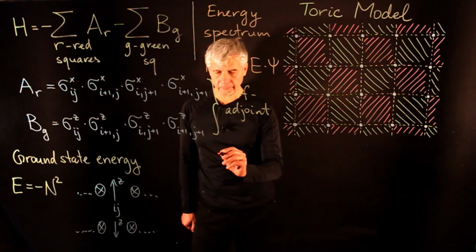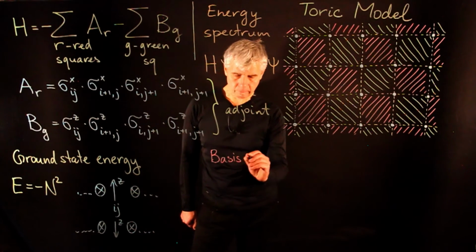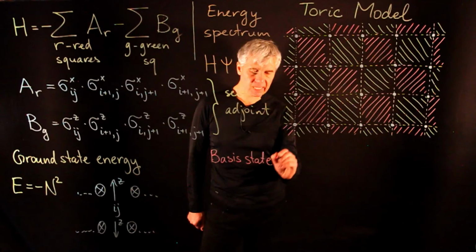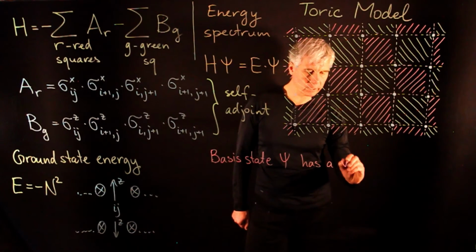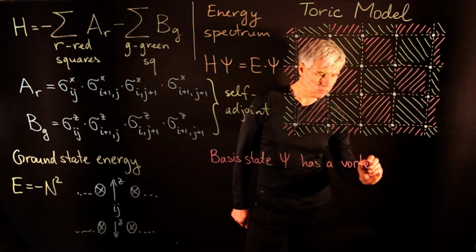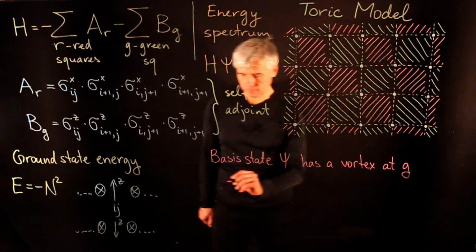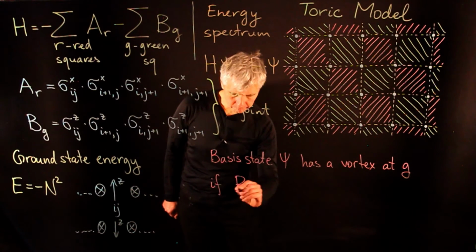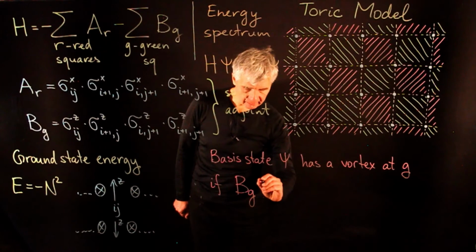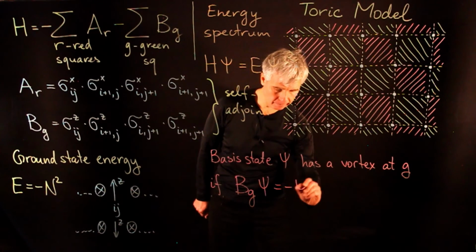We say that a basis state psi has a vortex at G if psi is an eigenstate for BG with eigenvalue -1.